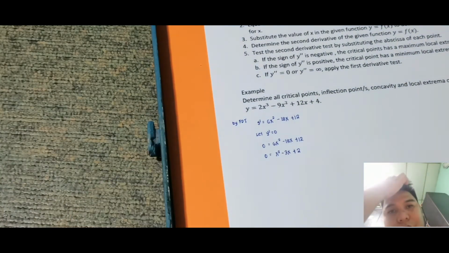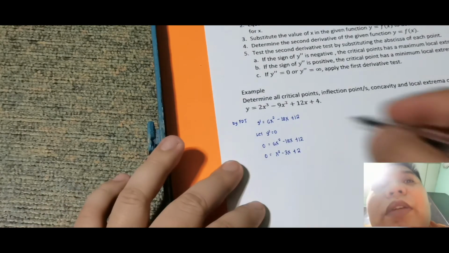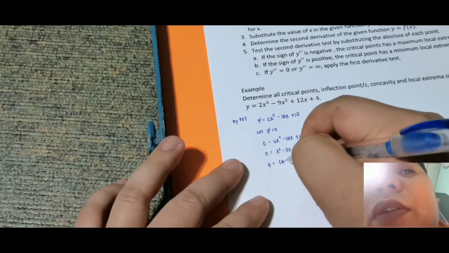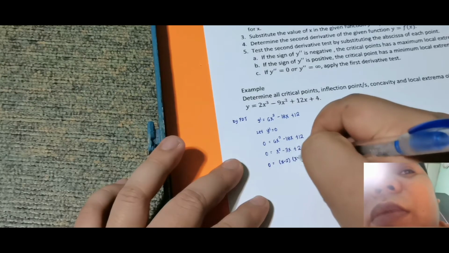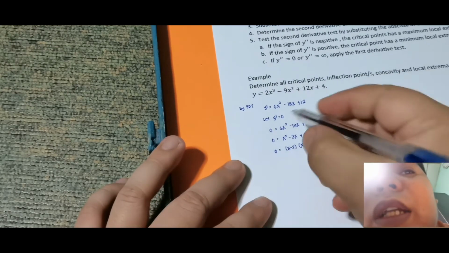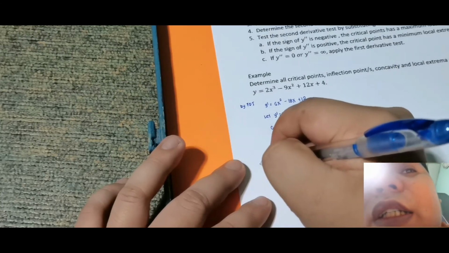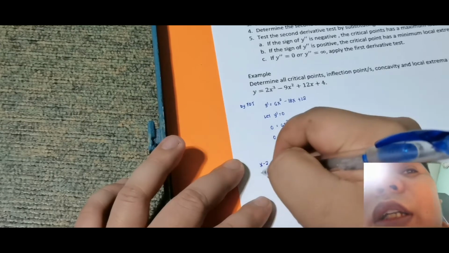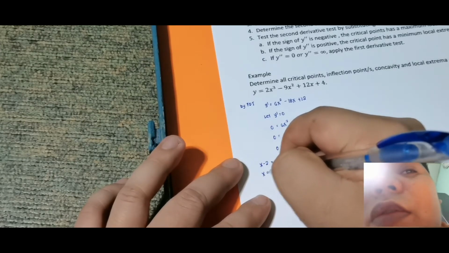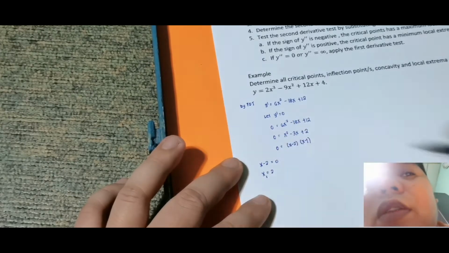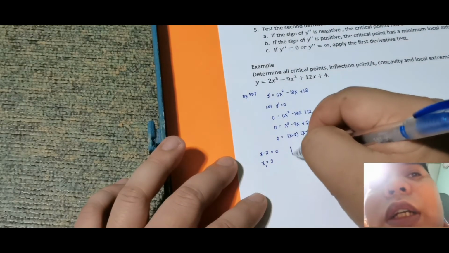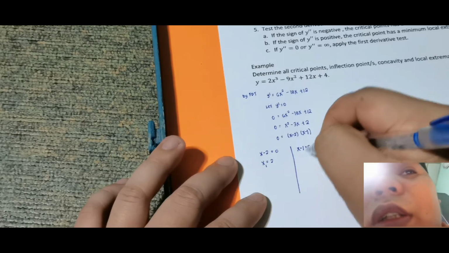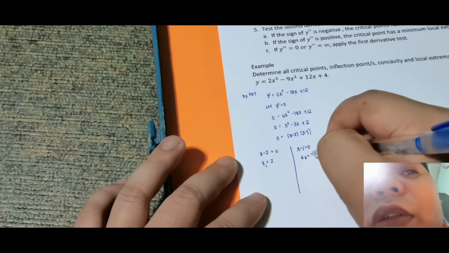Obviously, 0 is equal to x minus 2 times x minus 1 by factoring. Then pag pinaghiwalay, x minus 2 is equal to 0, therefore x sub 1 is equal to 2. Next is x minus 1 is equal to 0, therefore x sub 2 is equal to 1.